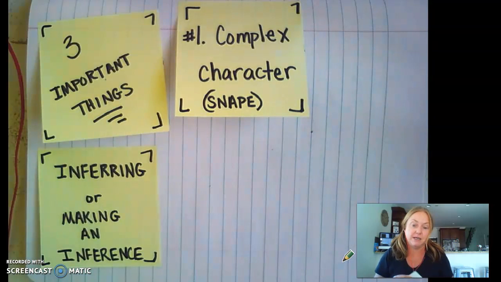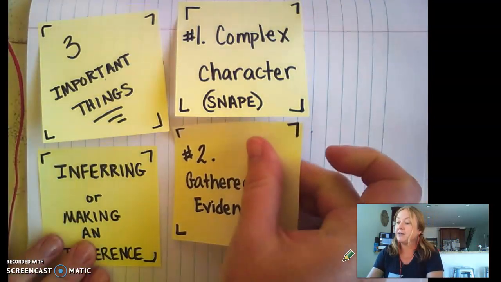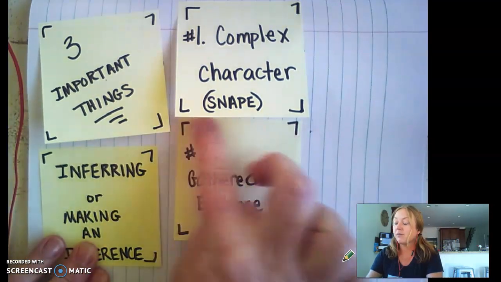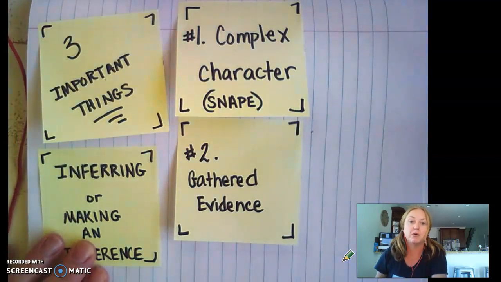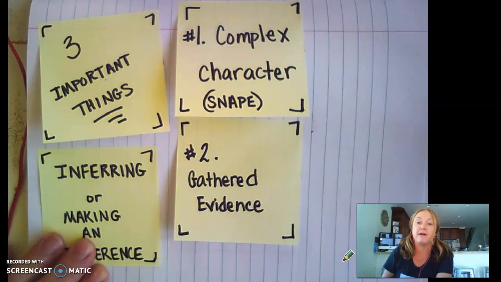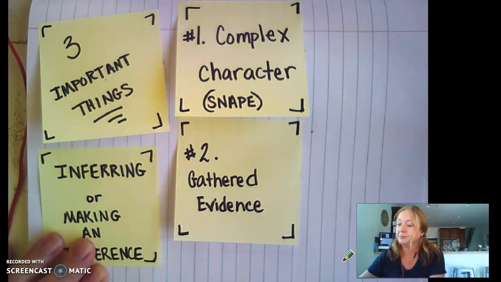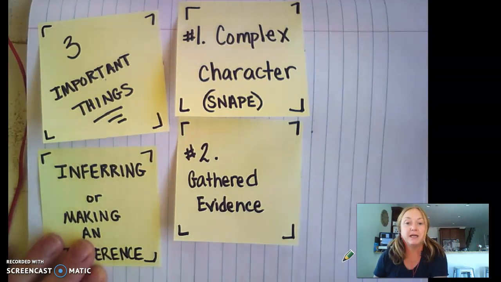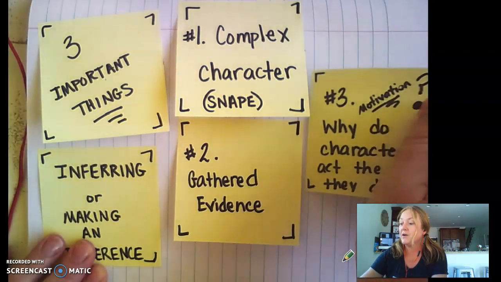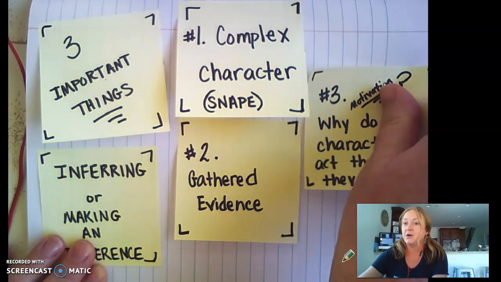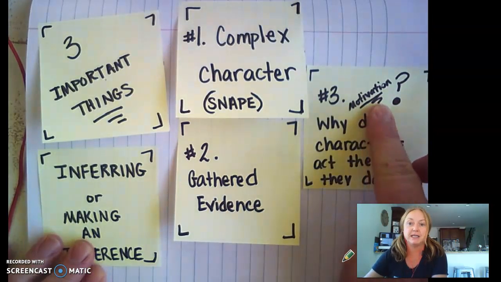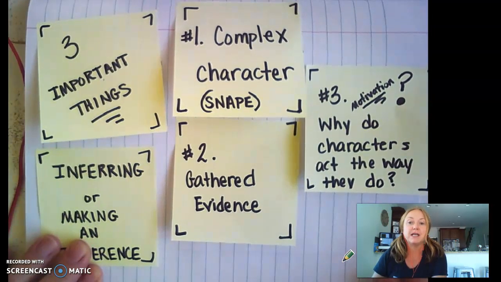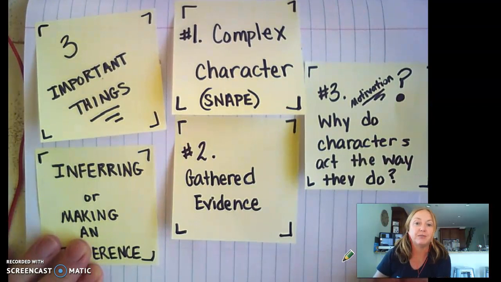The second thing we did was that we gathered evidence, whether it was taking notes on notebook paper or writing in a graphic organizer. And once we gathered the evidence, we thought about this. What was Professor Snape's motivation to be the way he is? Why do characters act the way they do?